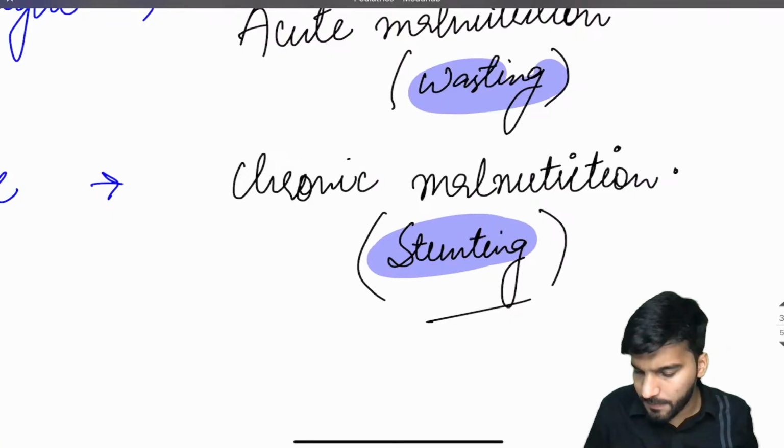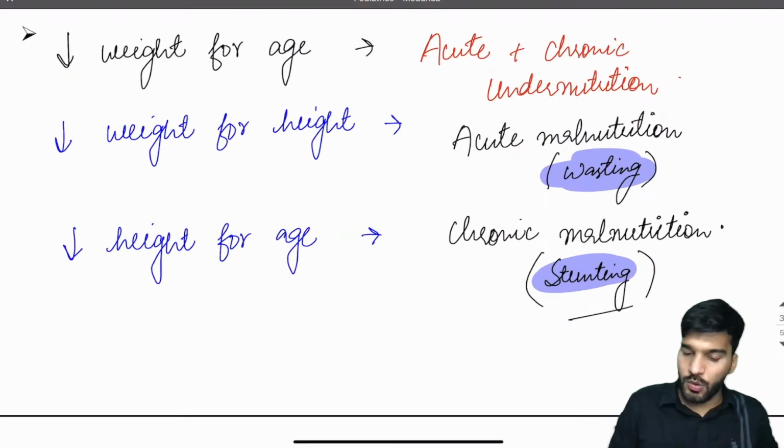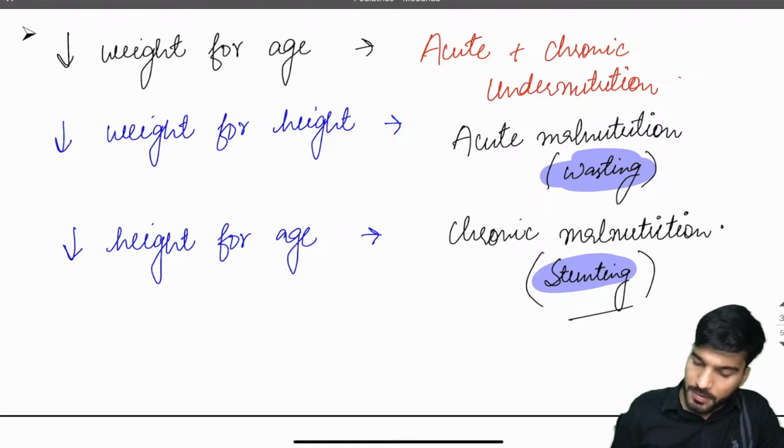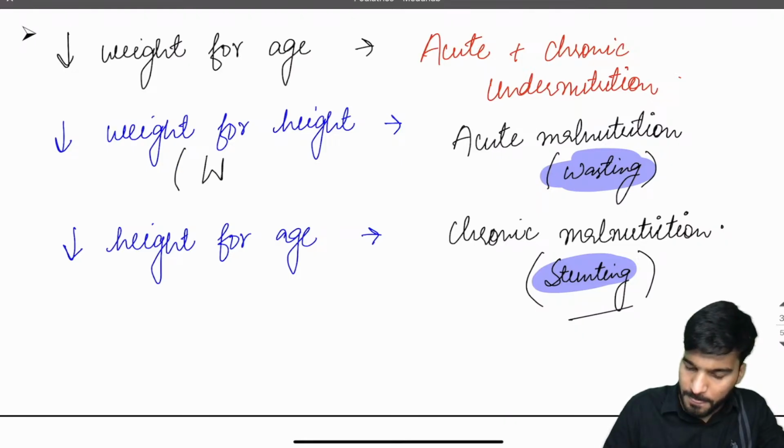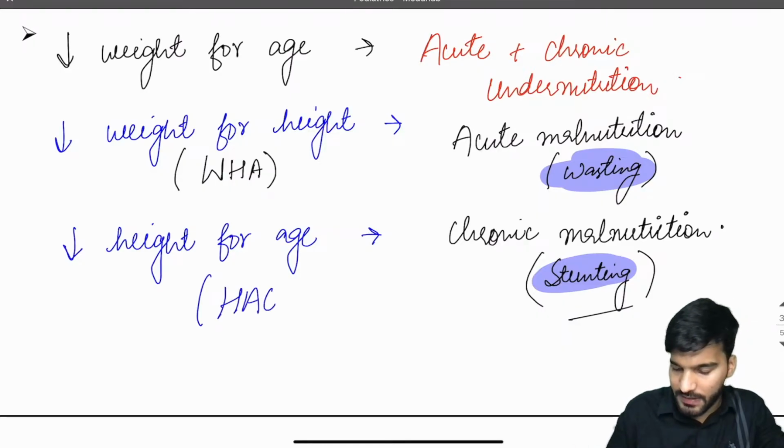So how to remember, guys? Remember this with the mnemonic WHA: weight for height, A is acute malnutrition. Remember height for age with the mnemonic HAC: height for age is chronic undernutrition.